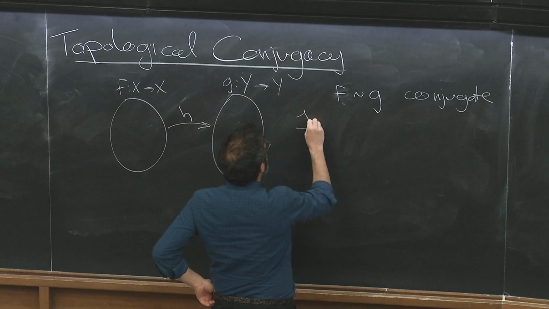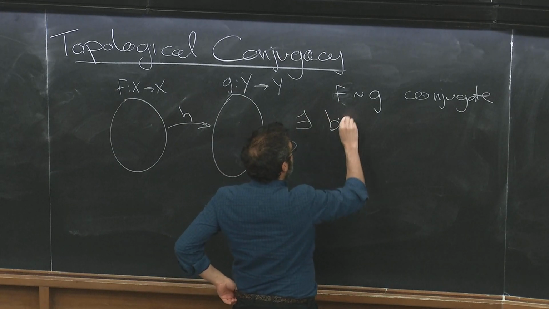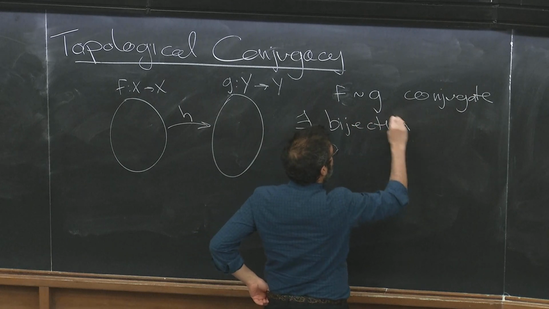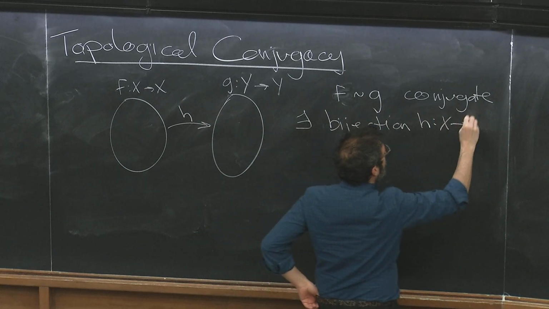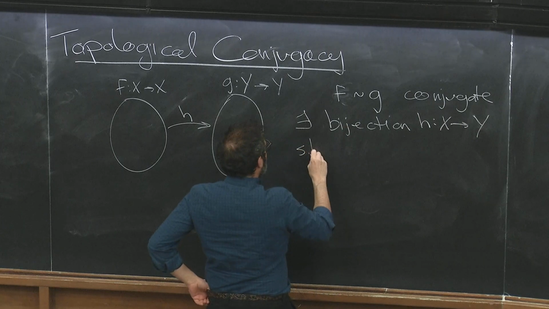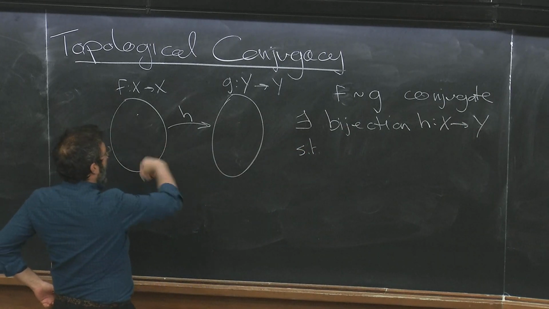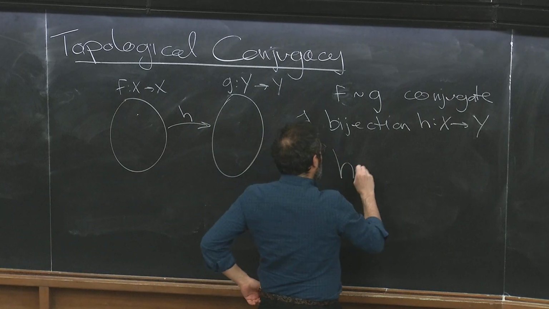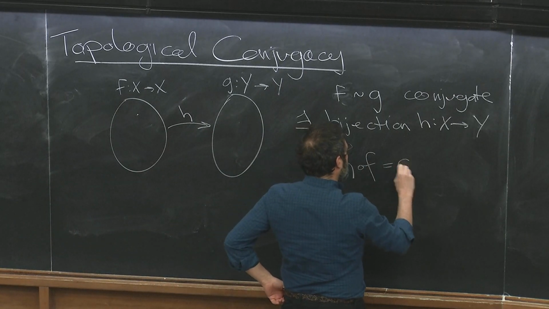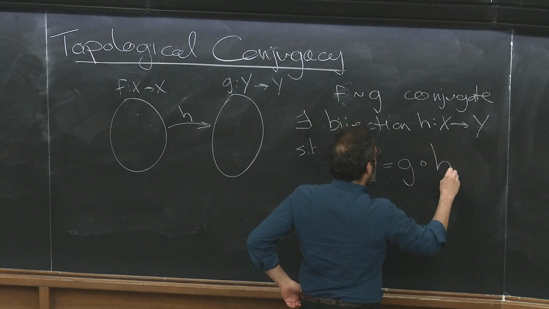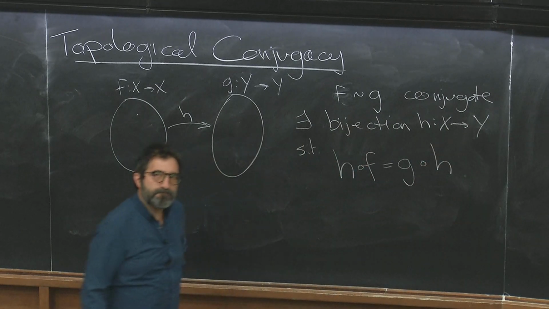So if there exists a bijection H from X to Y, such that applying F and then composing with H is the same thing as applying H and then composing with G.